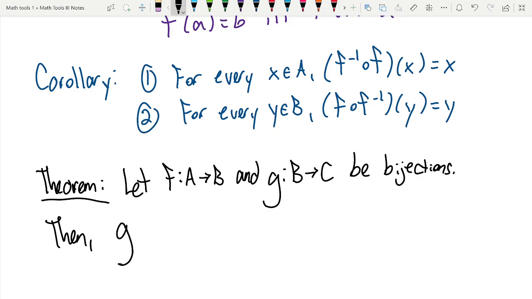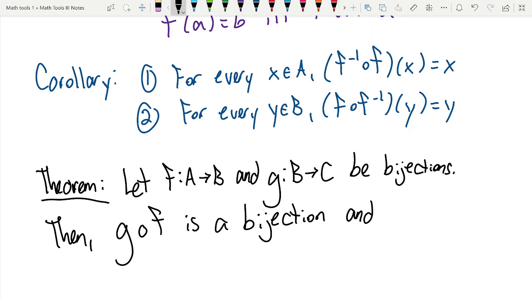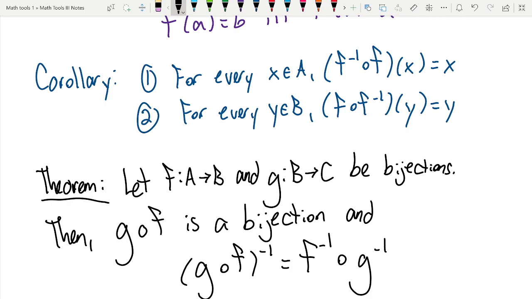Then g composed with f is a bijection. Okay, I already mentioned that before when we talked about composition functions. And a new thing here, the inverse of g composed with f is equal to f inverse composed with g inverse.